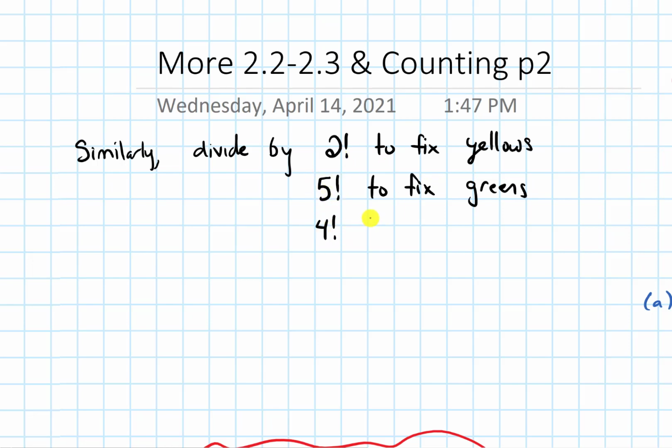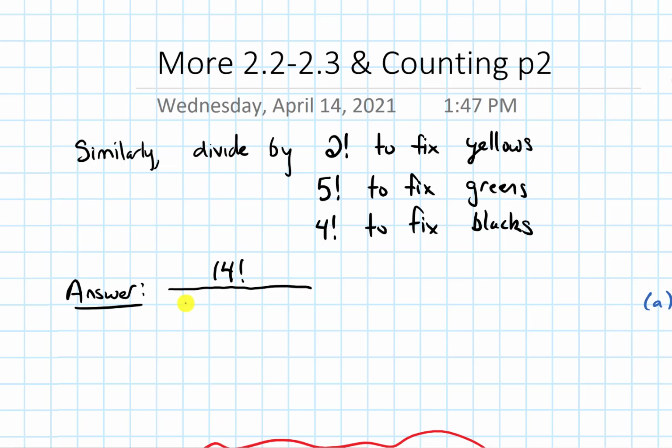And divide by 4 factorial to fix the black marbles and how much they will overcount by. So this will give us our final answer when we finish dividing, which is, initially we said 14 factorial, but then we're dividing by 3 factorial, that was to fix the reds, and then 2 factorial for the yellows, 5 factorial for the greens, and then 4 factorial for the black marbles. And all this stuff on the denominator was stuff we put to fix the overcounting.